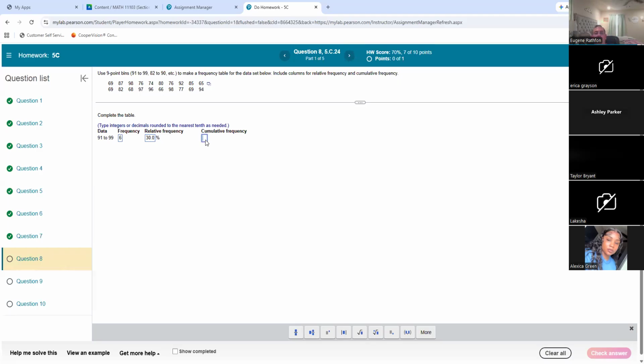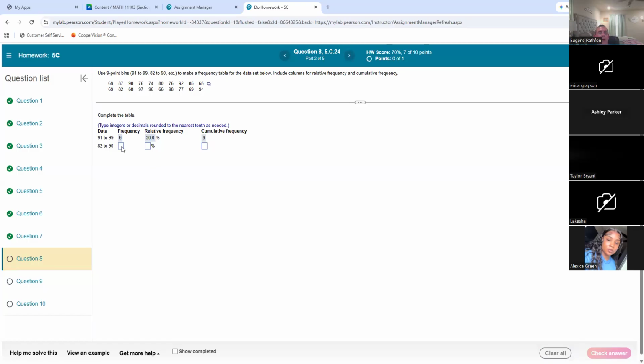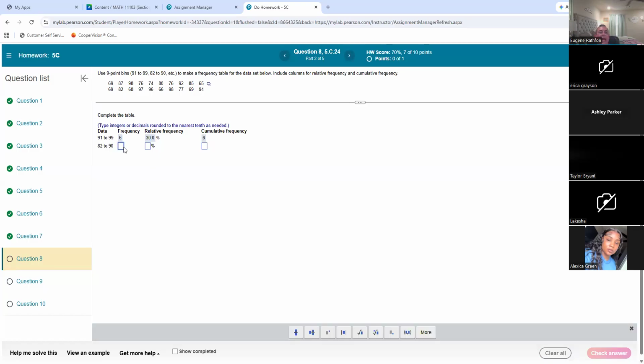All right, cumulative frequency. Well, y'all, the total frequency we have so far is 6. Good job. All right, y'all, 82 to 90.